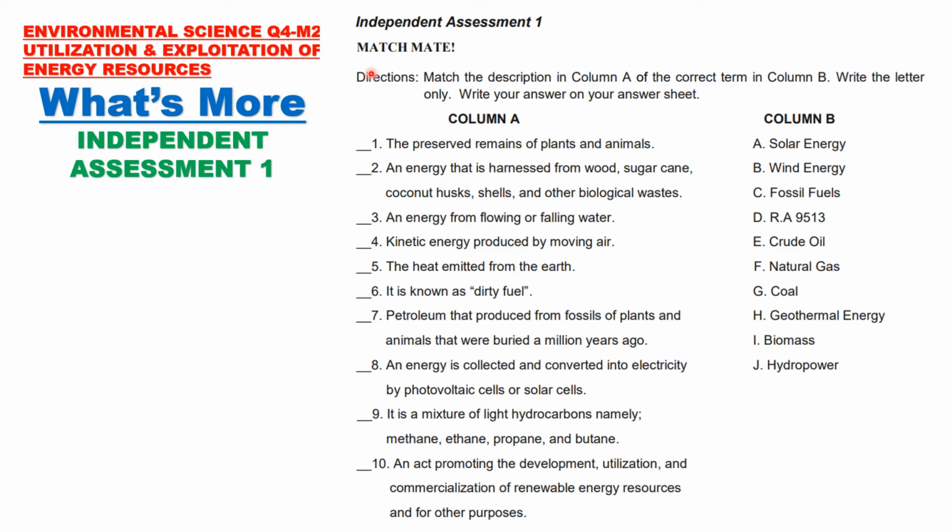Directions. Match the description in column A to the correct term in column B. Write the letter only. So your choices are solar energy, wind energy, fossil fuels, RA 9513, crude oil, natural gas, coal, geothermal energy, biomass, and hydropower.